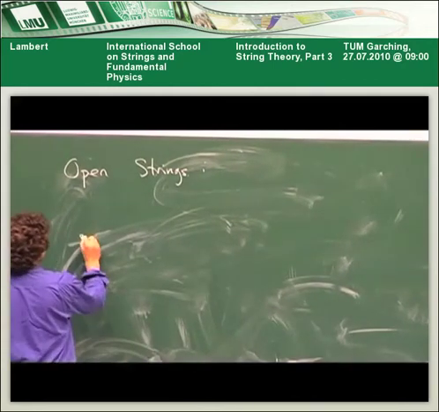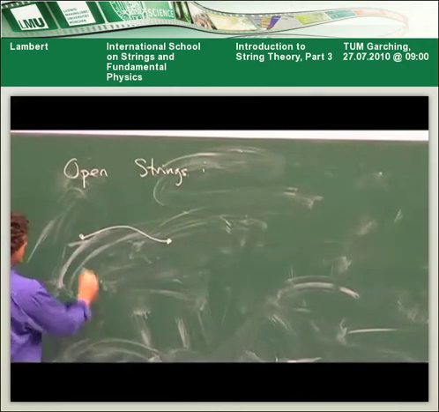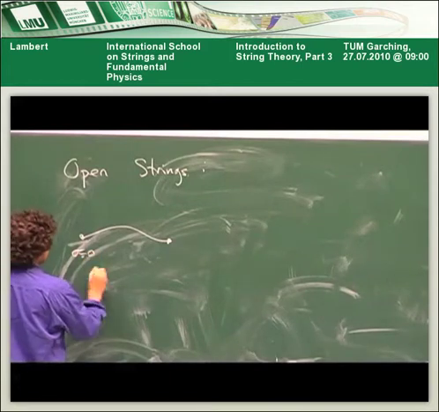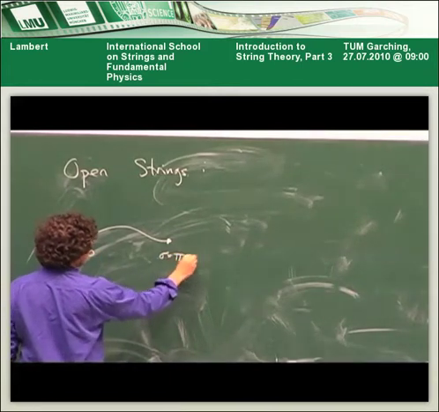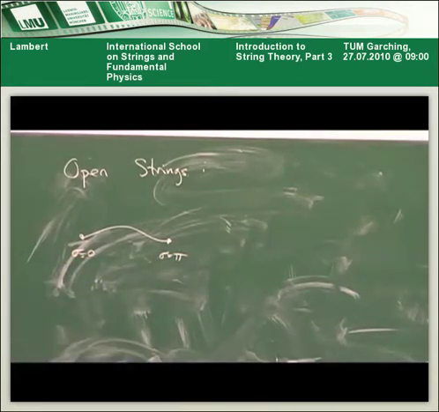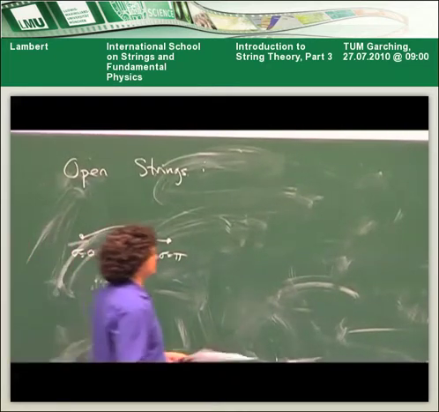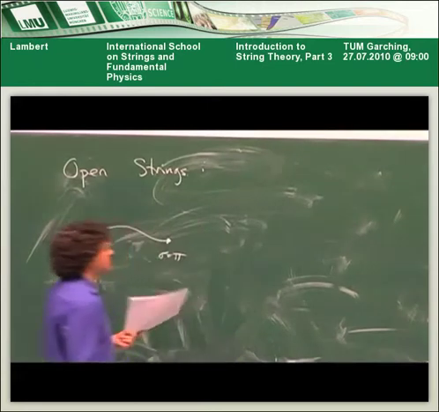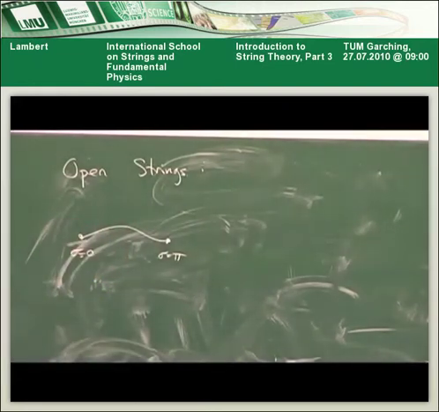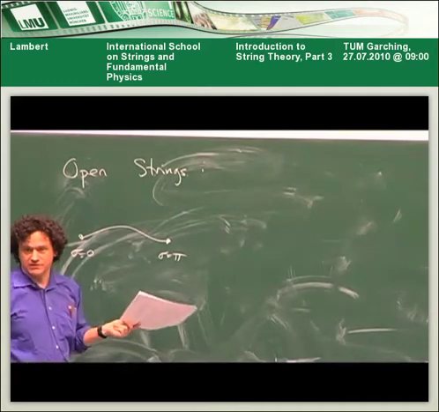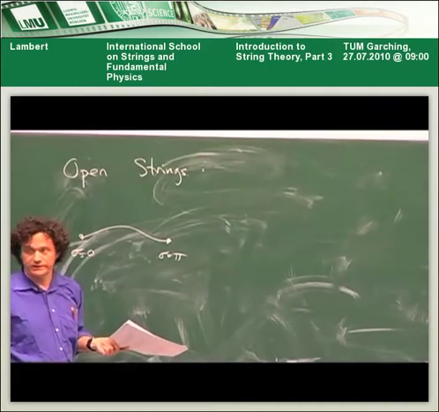Of course, the string has an endpoint, and the typical region is sigma equals 0 to sigma equals pi when we do our Fourier expansion. Because the string world sheet has boundaries, you have to impose boundary conditions that make the variational problem well defined.